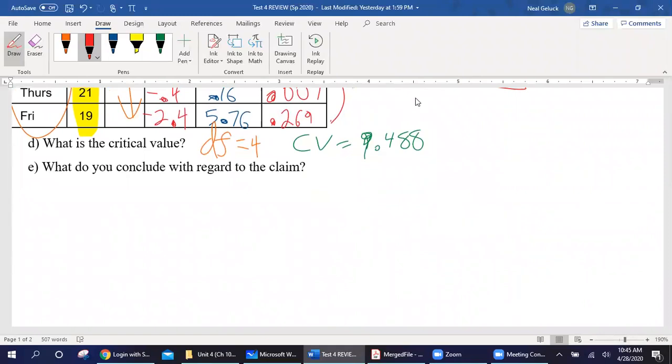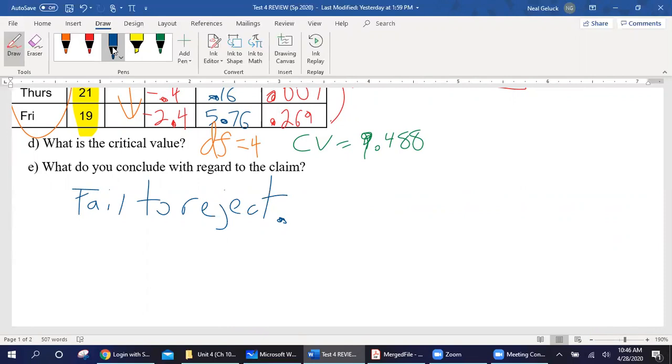So I fail to reject. I am not rejecting that they are equal frequencies. That basically is saying I do think they are equal frequencies. Because if I'm not rejecting, think of it like a double negative. If I'm not rejecting, I'm kind of accepting.